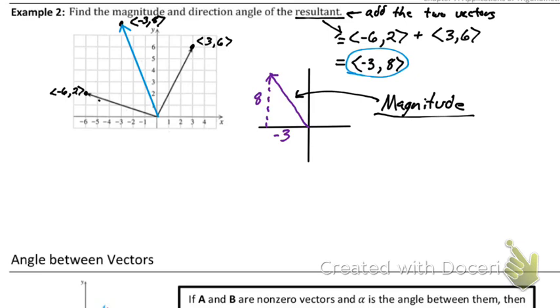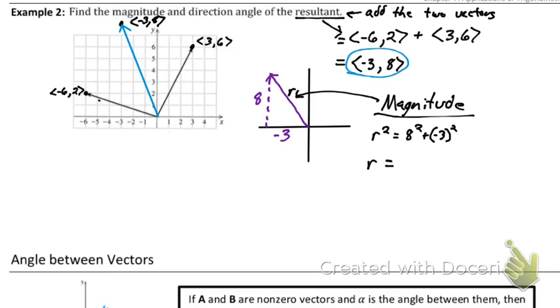So that is my magnitude. Well, it's a right triangle. And so I could just use a squared plus b squared equals c squared. So if that length is r, we would just say r squared equals 8 squared plus negative 3 squared.